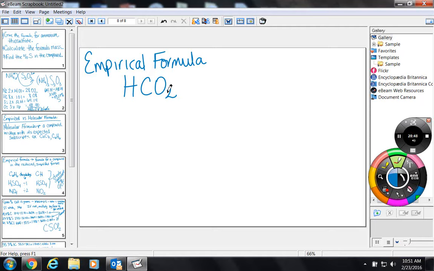So they could give you an empirical formula, and it has its own mass, right? But then they could tell you the molar mass.